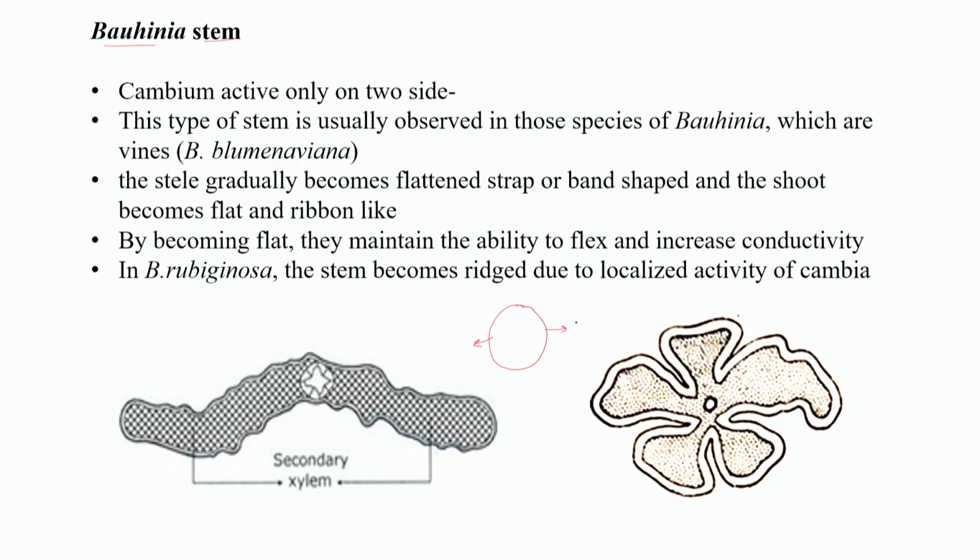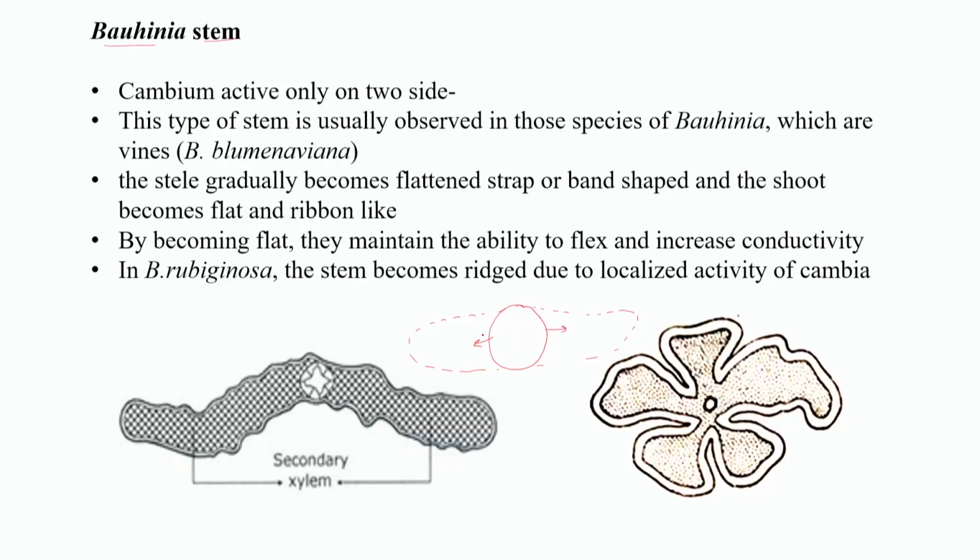So if it is active on 2 sides, definitely it will form secondary tissue in this direction and in this direction. So it will form like a plate or a band or strap like structure, and this will actually help them maybe in climbing. Okay. So the stem will be flat because it is just growing on two sides. You can see secondary xylem and a small patch of secondary phloem.